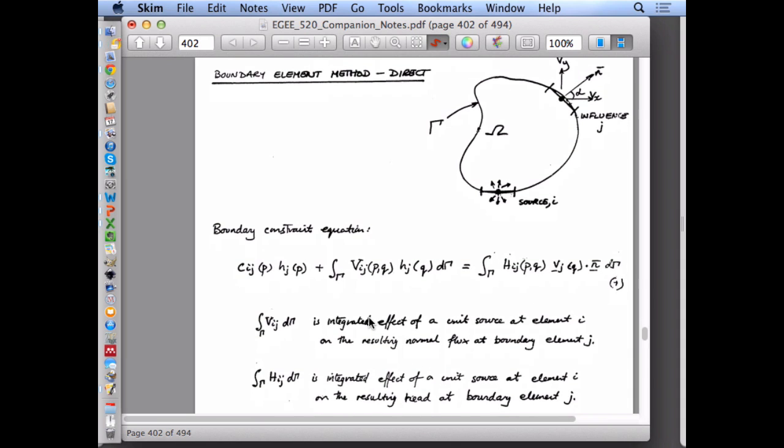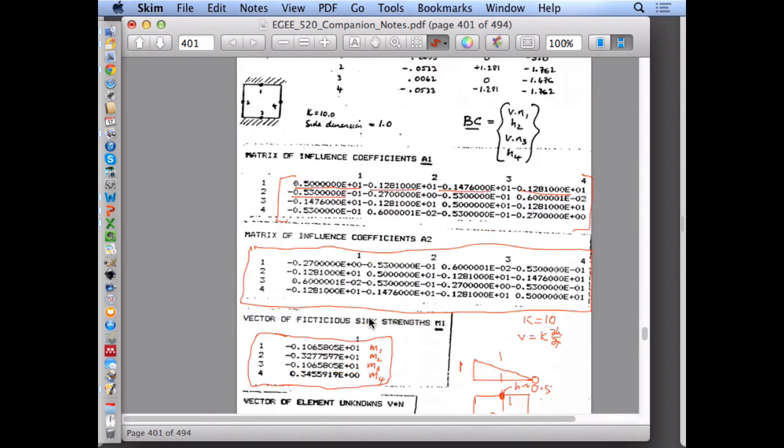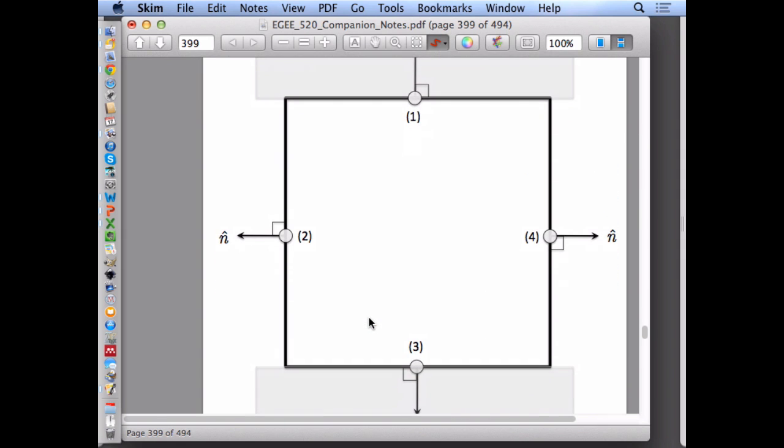So that's one method. So he said that all of these boundary element methods require that you only discretize the boundary. What we didn't say here, I guess, is that you could also write this equation now for a point. You could write it for an equation here. In other words, now that you know what the conditions are, you could write a source at the boundary for a known magnitude and calculate what the heads are induced in the middle due to a source put here and then a source put here to calculate these effects.